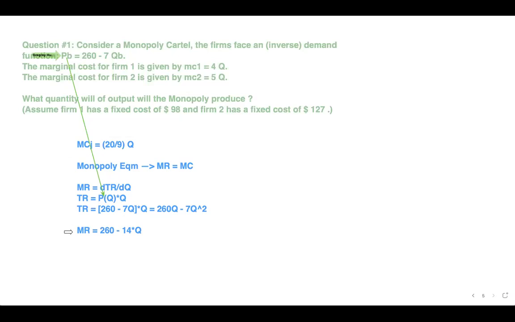So if you don't know calculus, what you have to remember or write down is that the relationship between a linear demand curve and marginal revenue is that it's the same equation with double the slope. That's it.